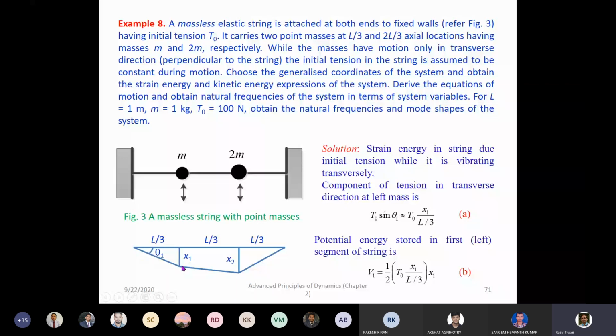The tension in the string remains the same. So when the mass gets displacement x1, what will be the tension in the string? That is the same T naught. But what is the component of that along the x direction? The component will be T naught sine theta.